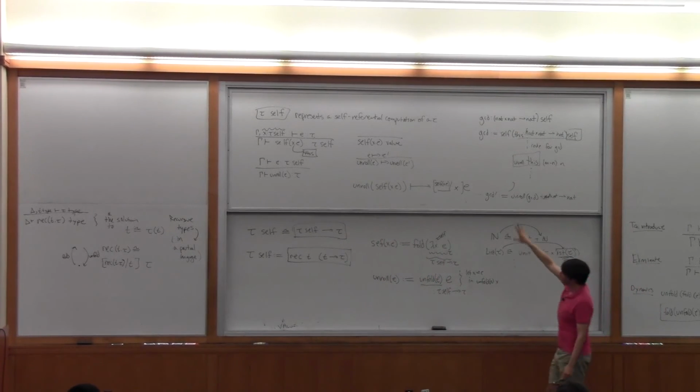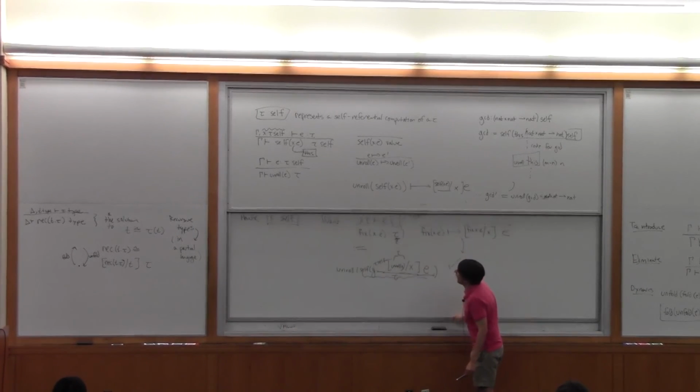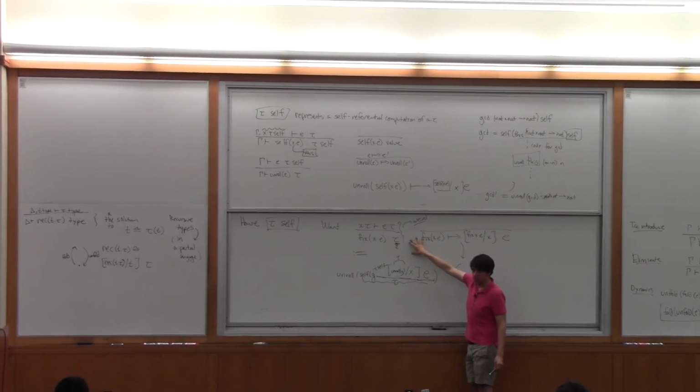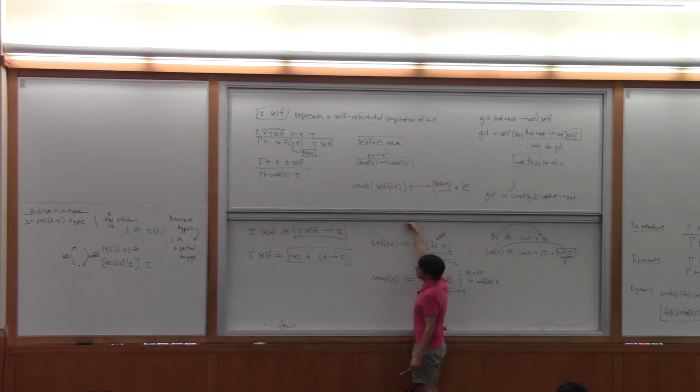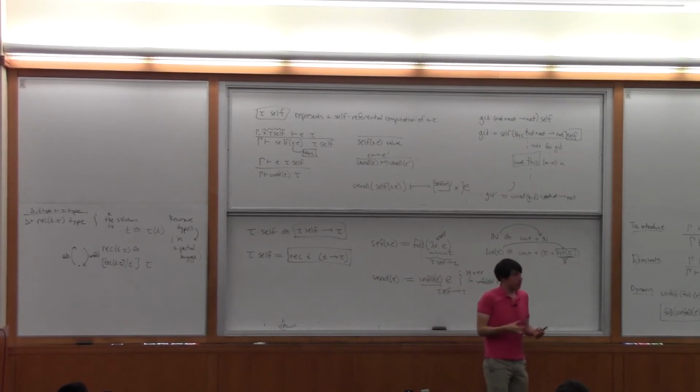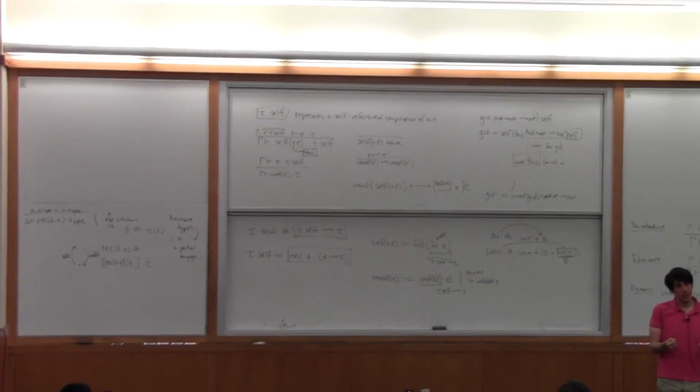And we saw on a previous board, maybe it's still here, that fix can be defined in terms of self-types, which says that overall, if you expand it all out, what we have is fix, that is recursive computations of an arbitrary type, being defined just in terms of recursion at the type level.